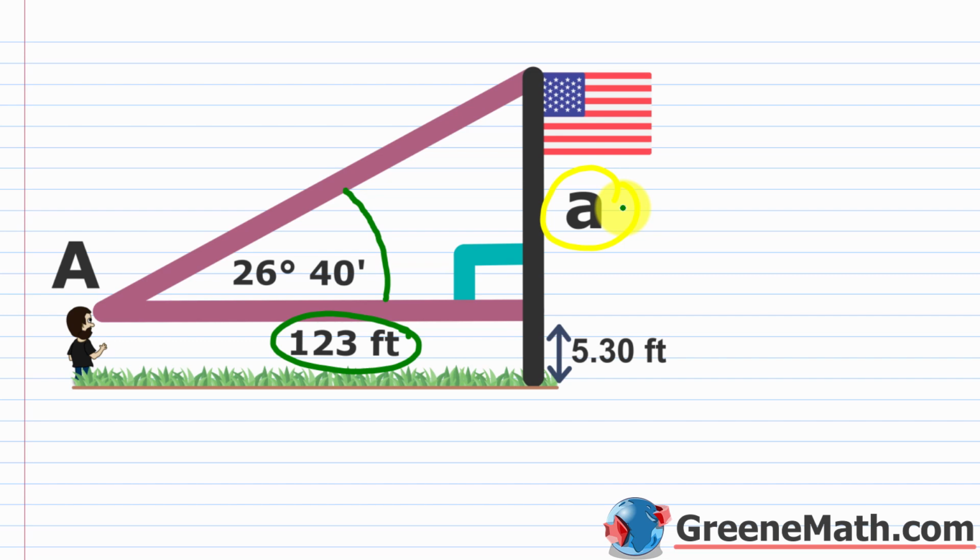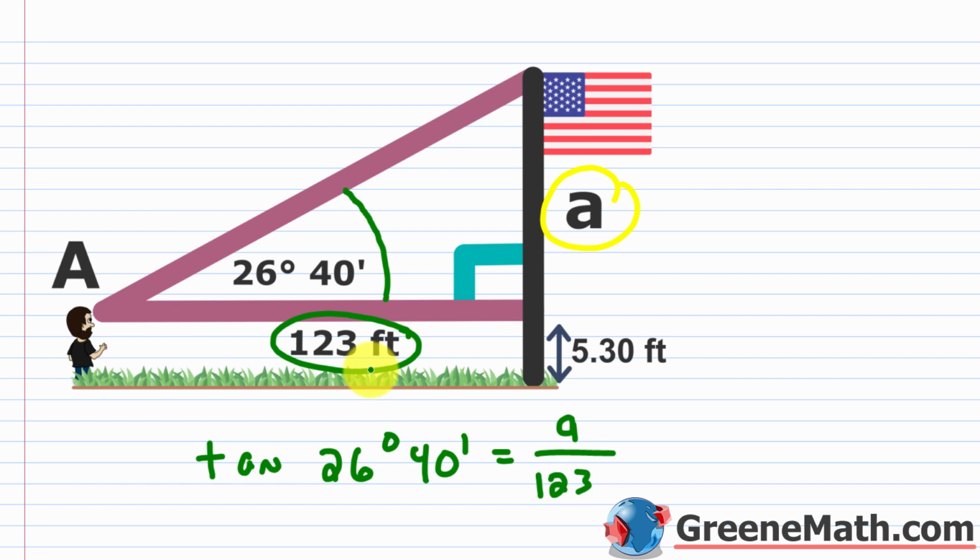Well, I can use my tangent function, right? So I can say that the tangent of 26 degrees 40 minutes is equal to the opposite side over my adjacent side, which is 123 feet. I'm just going to put 123 just to work with the numbers for right now.